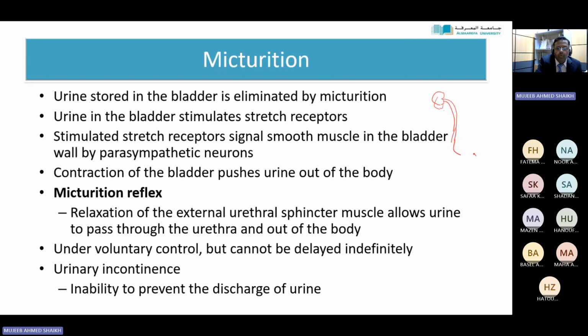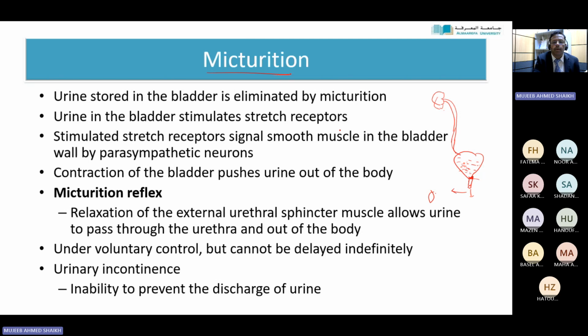These ureters open into the bladder for storage of urine, which is connected to the urethra, and the urethra opens outside. So the urine will be collected in the urinary bladder, but the bladder will hold the urine for some time as you are doing some work or sleeping or in a lecture or drawing. When the situation is okay, you go to the bathroom and relax the sphincter and the urine comes out. This coming out of urine is known as micturition.